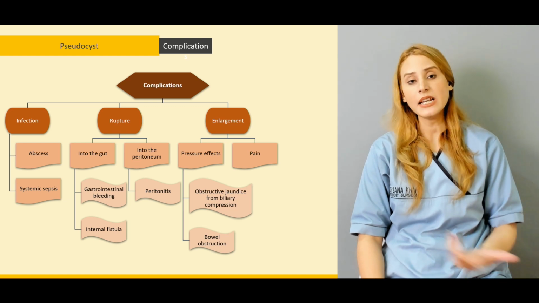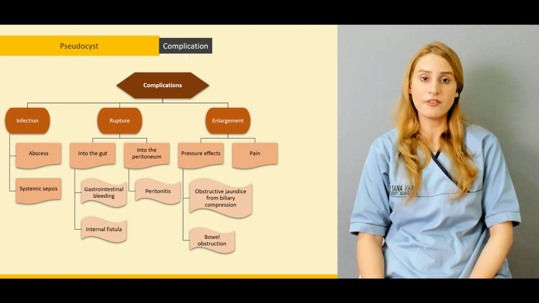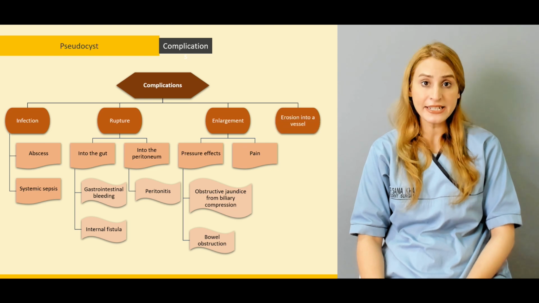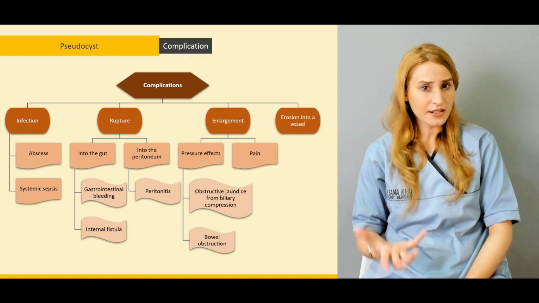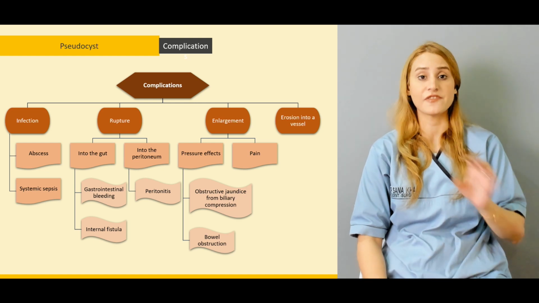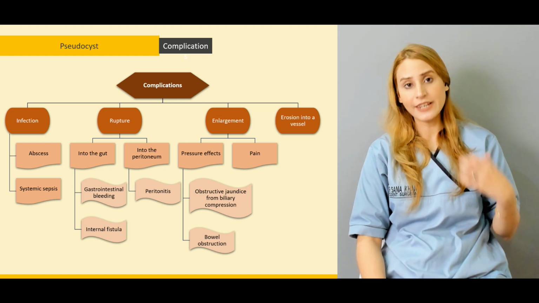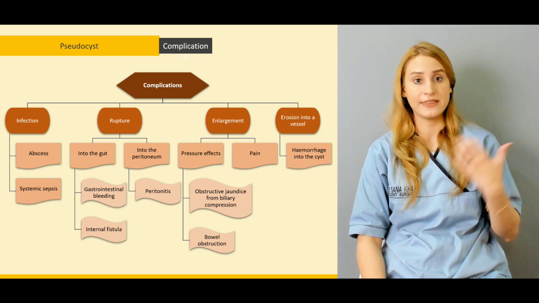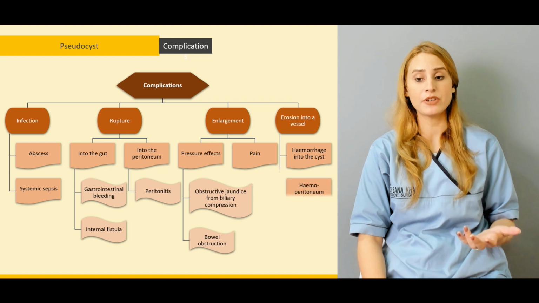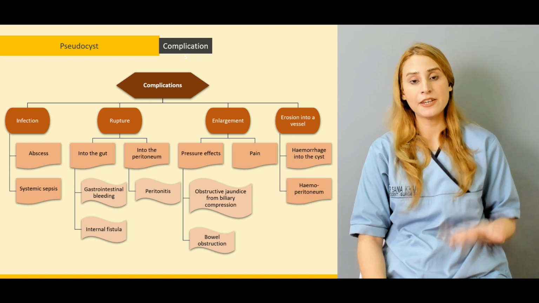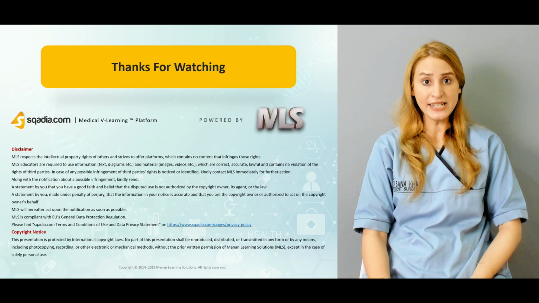And the patient obviously will complain about the pain. And sometimes, this is a rare complication but very lethal, there can be erosion into the vessel. Because if there is erosion into the vessel, there would be hemorrhage in the cyst, and there would be hemoperitoneum, right?